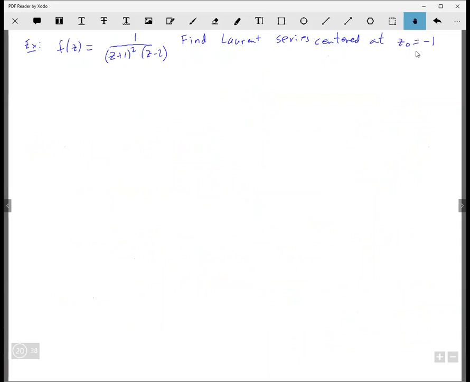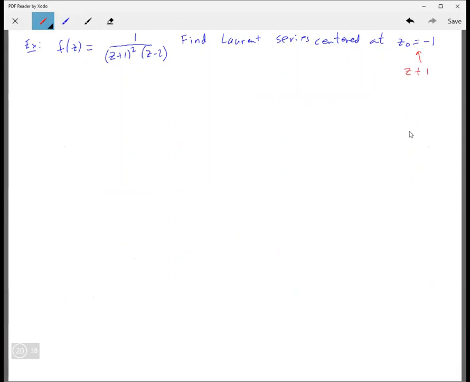Centering at -1 is not that big of a deal, because when you see that it's centered at z naught equals -1, you immediately think of z plus 1.